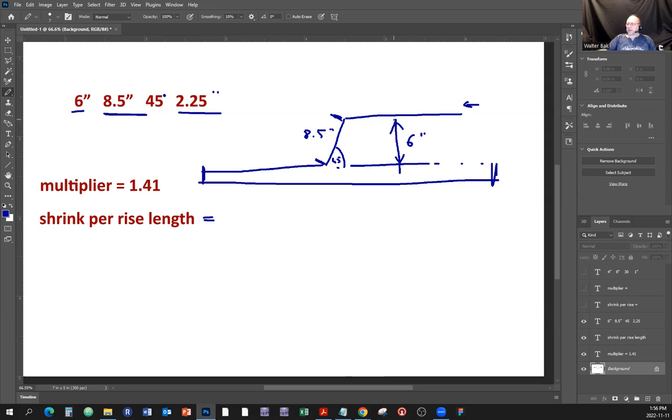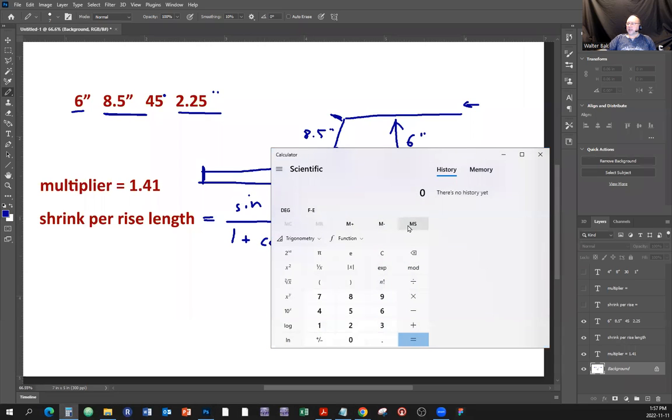And this is our rise right here. Equals sine of the angle, which is that one here, over 1 plus cosine of that same angle. All right, so what do we have? Remember what we had for the sine of 45 degrees? Let's just do it again.